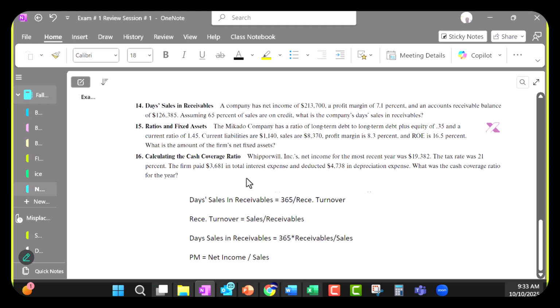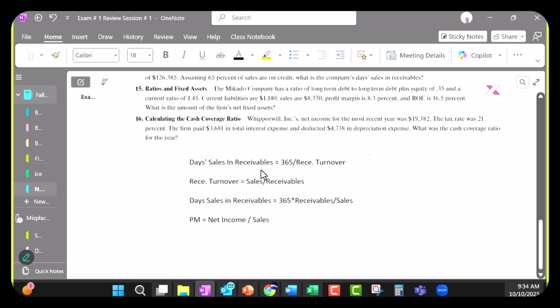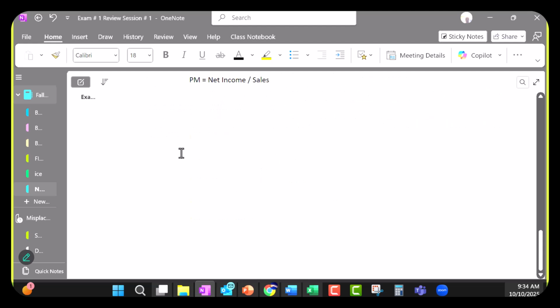We know the ratio of long-term debt to long-term debt plus equity. Now let's remember the basic accounting identity.